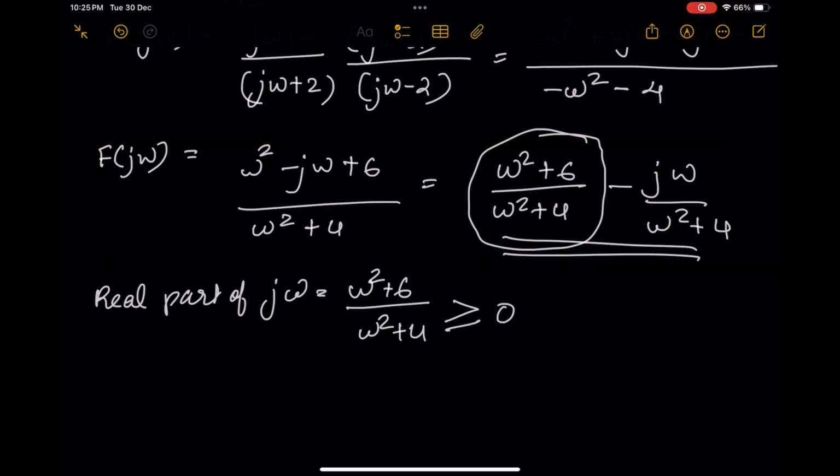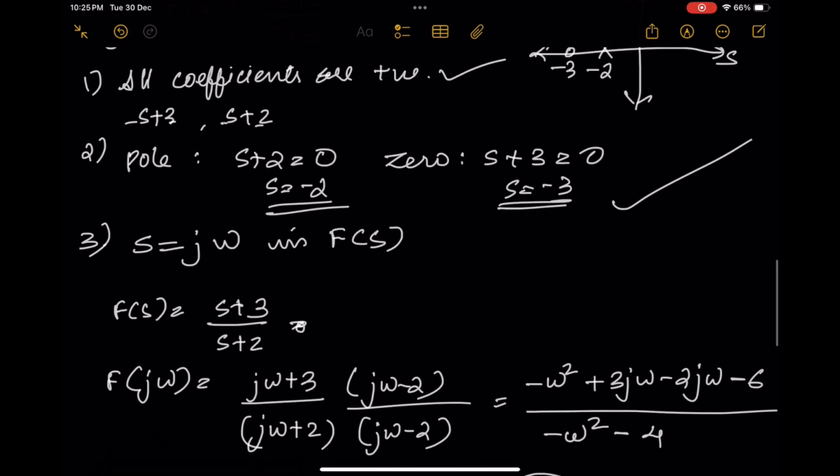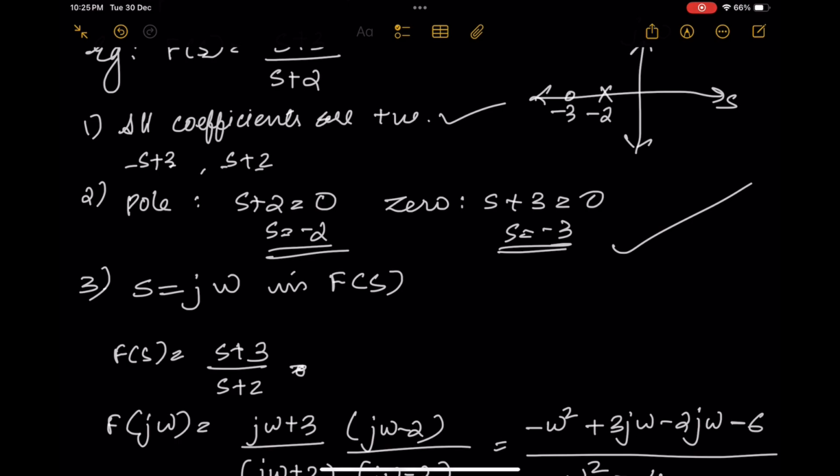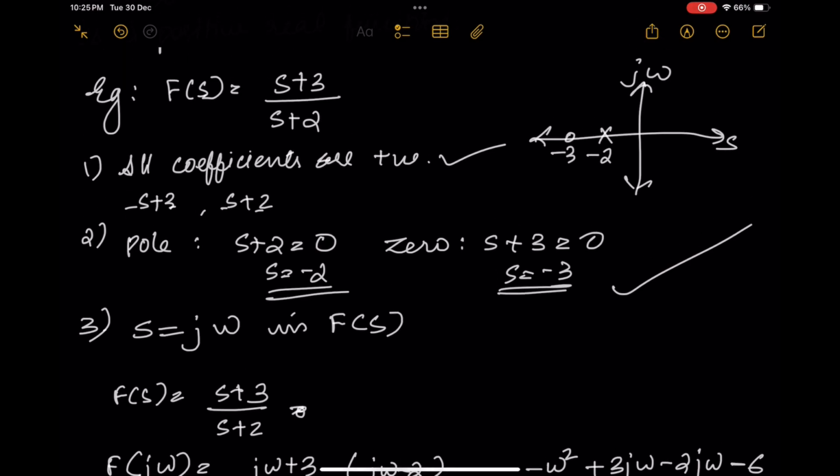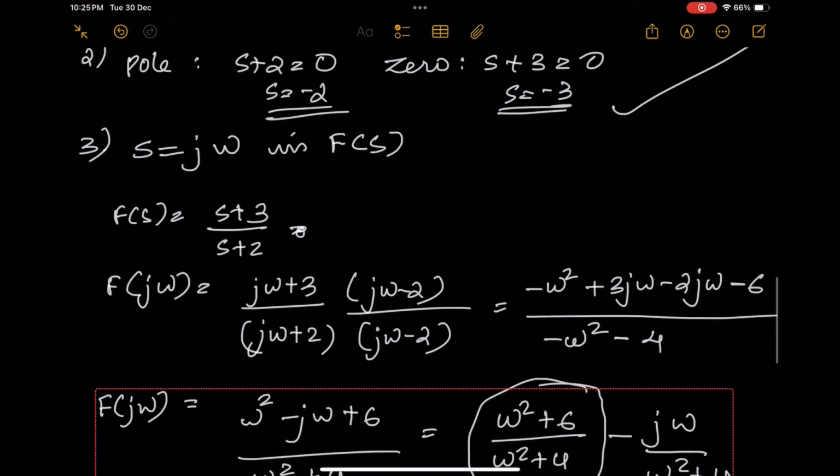So we have checked all 4 conditions. That is, we have checked whether all coefficients are positive, and we have checked the zeros and poles position, and then we gave s equal to j omega.